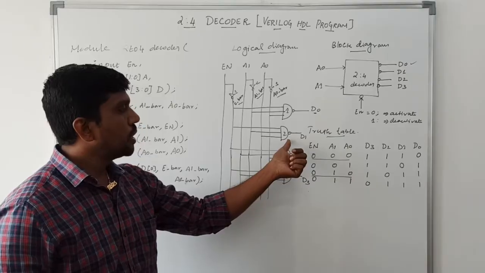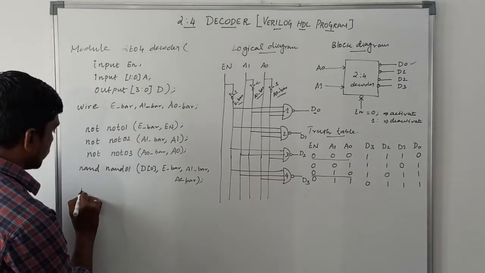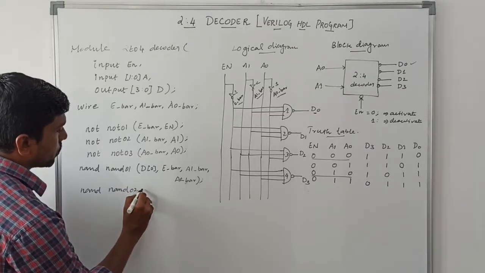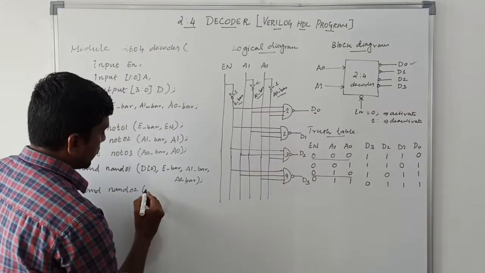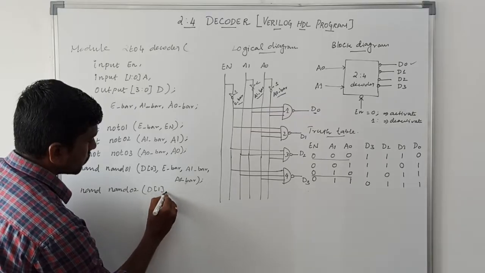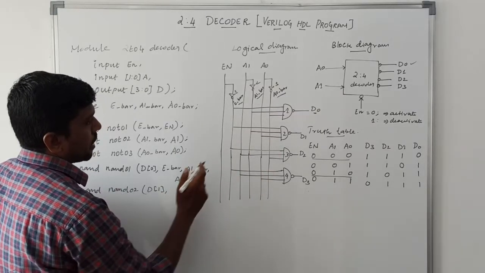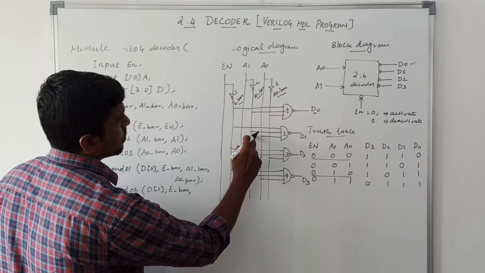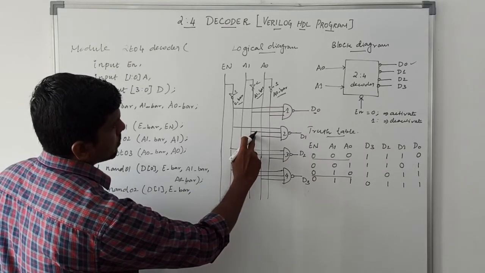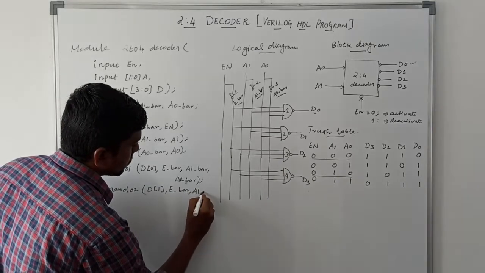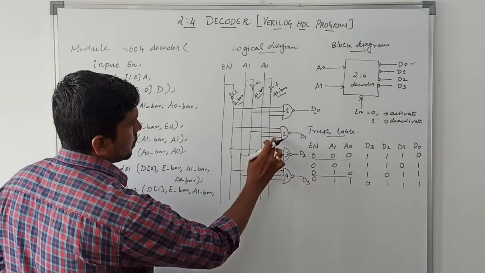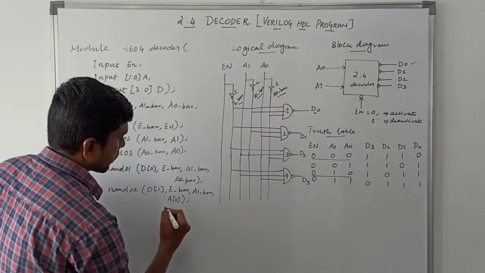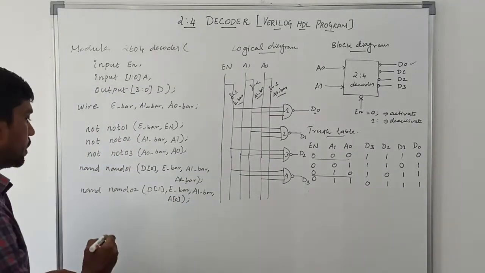Then we declare the second NAND gate, NAND 2, output is D1. The inputs of this second NAND gate are E bar, A1 bar, then A0. So the second NAND gate declaration is over.